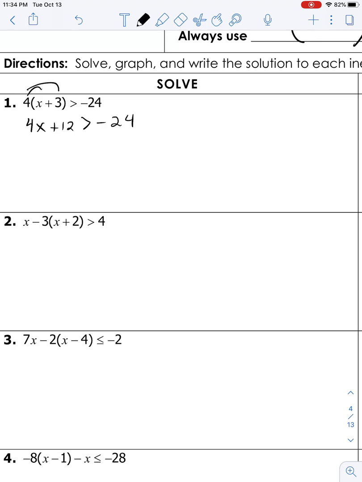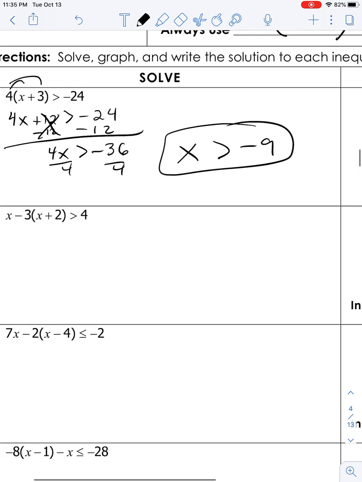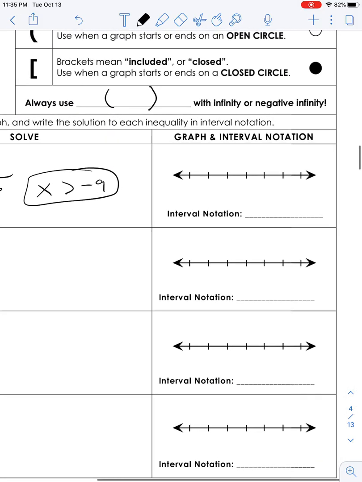All right? Down to a 2-step problem, so we need to subtract the 12. That's now gone. We get 4x is greater than negative 36. Divide by 4. X is greater than negative 9. Okay, so we have our answer.